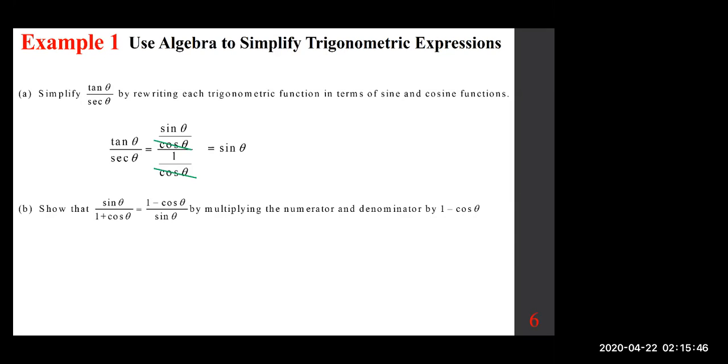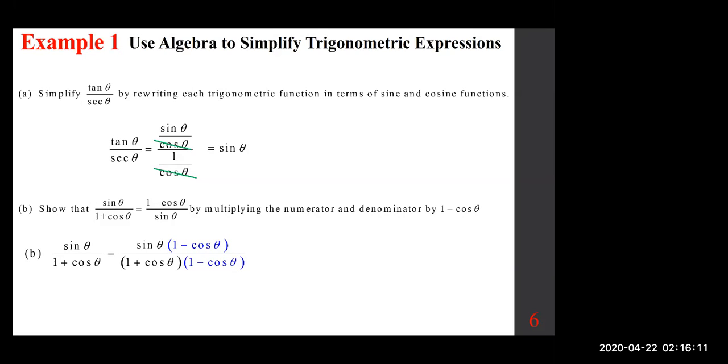When you want to establish an identity, normally you have to start with one side and get to the other. In this case, they're even giving us a hint. So we are going to start with the left side and multiply the top and the bottom by the same thing, in this case 1 minus cosine theta.